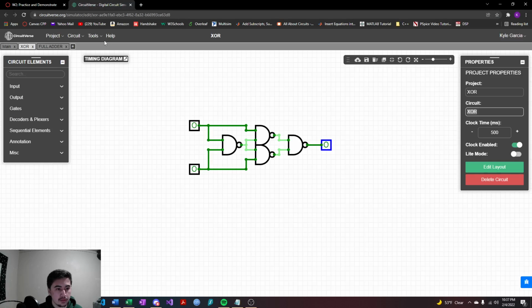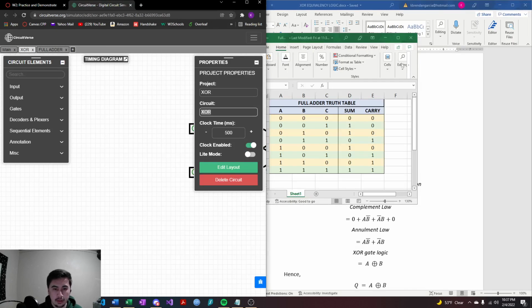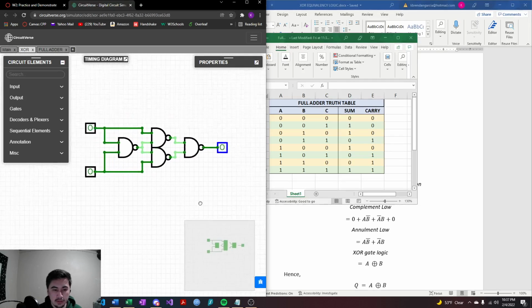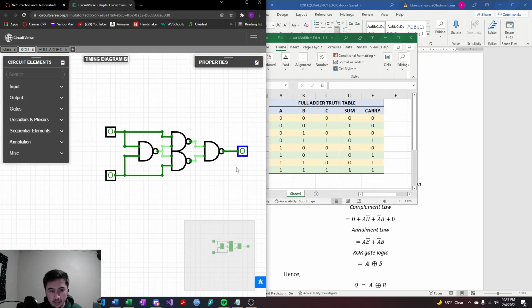So we can build it in CircuitVerse. But in order to build it in CircuitVerse, we first have to create this XOR gate using NAND gates.